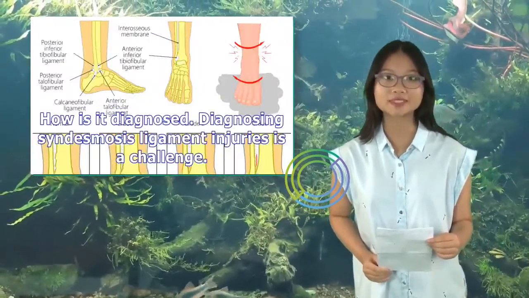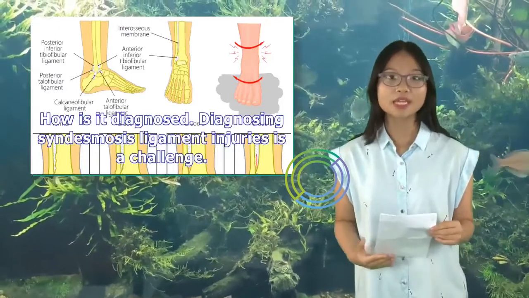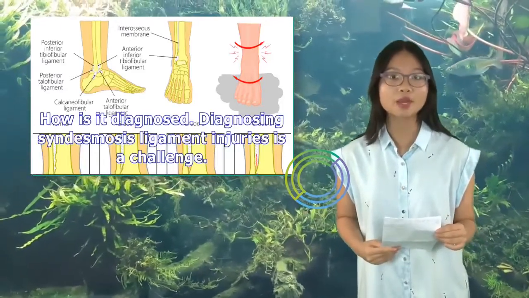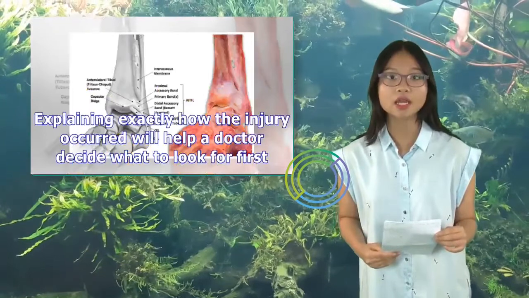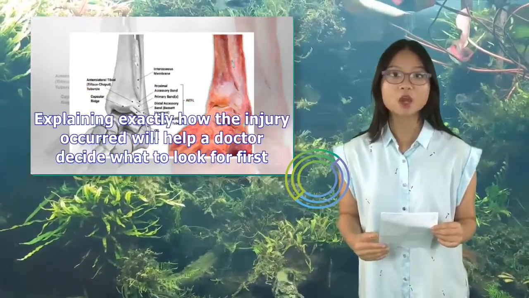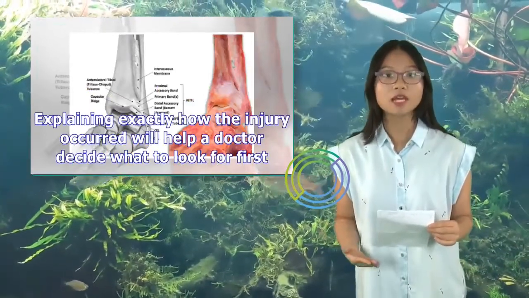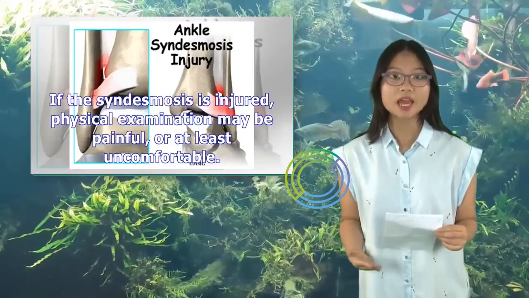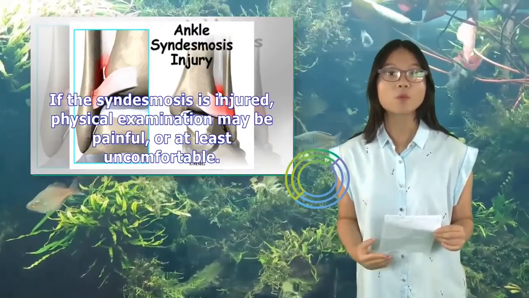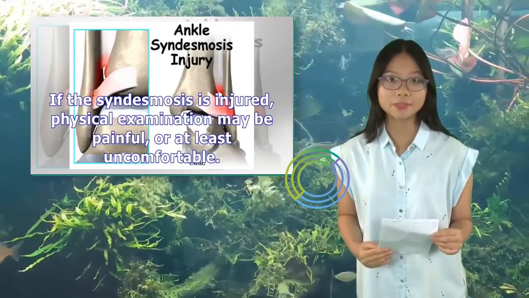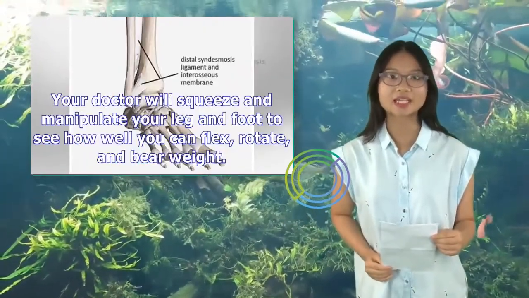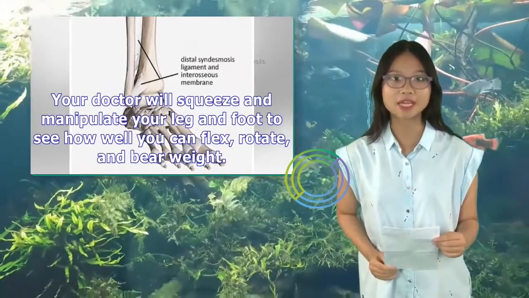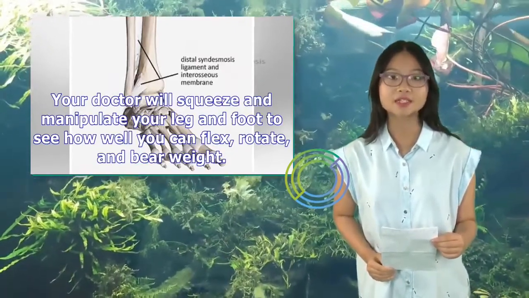How is it diagnosed? Diagnosing syndesmosis ligament injuries is a challenge. Explaining exactly how the injury occurred will help a doctor decide what to look for first. If the syndesmosis is injured, physical examination may be painful, or at least uncomfortable. Your doctor will squeeze and manipulate your leg and foot to see how well you can flex, rotate, and bear weight.